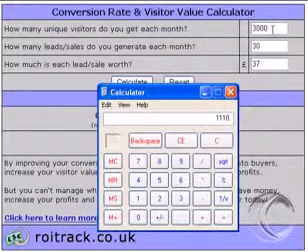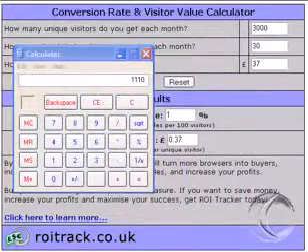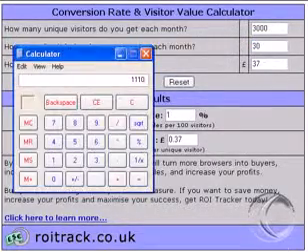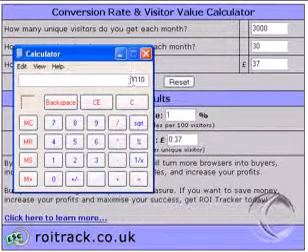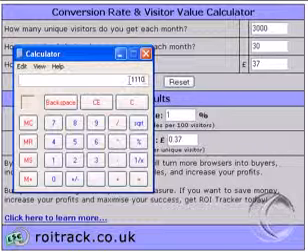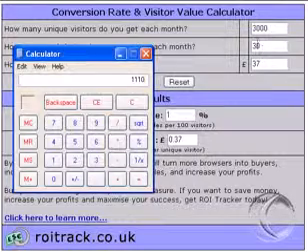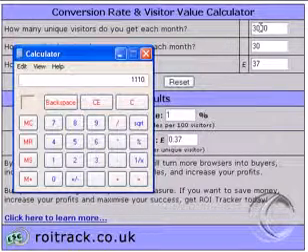So basically, what this little calculator does is take these numbers and do the math for you that I'm doing on my little calculator here. I make $1,110 for every 30 sales, and I make $1,110 for every 3,000 visitors that come to my site.